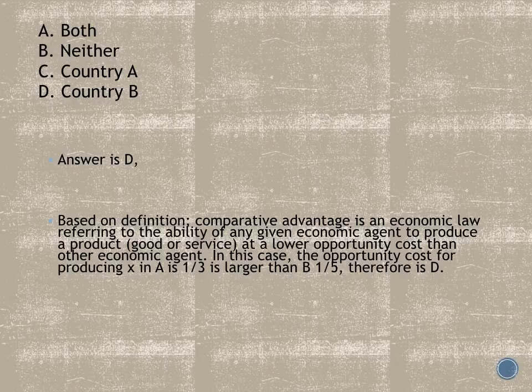Comparative advantage is an economic law referring to the ability of any given economic agent to produce a good, service, or product at a lower opportunity cost than another economic agent. Therefore, in this case, the opportunity cost for producing X in A is 1/3. It's larger than B's, 1/5. Therefore, the answer is country B, which is D.